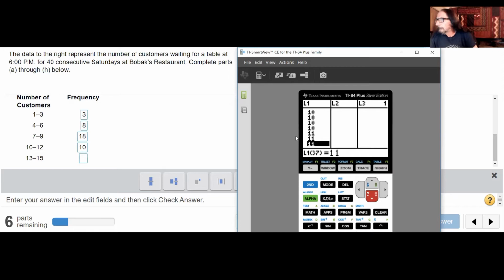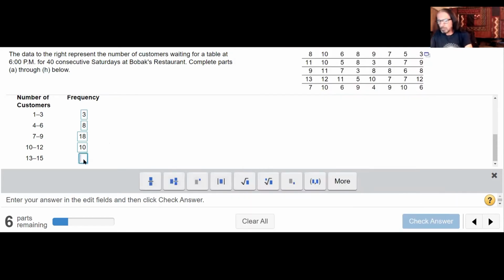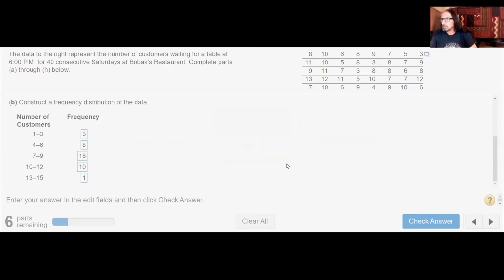So though technology can be helpful, I had to do that on my own. Now we've got our total of 40.